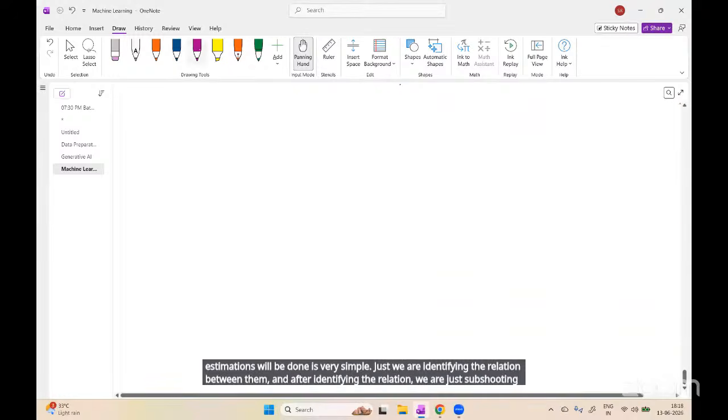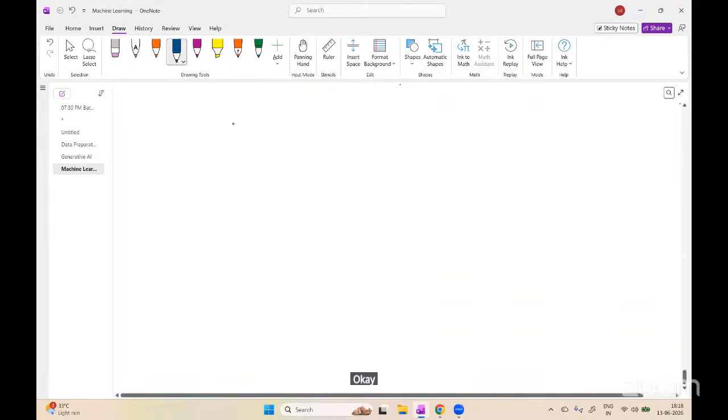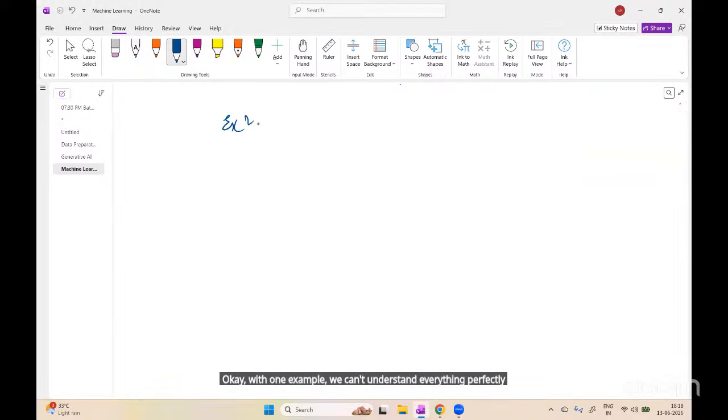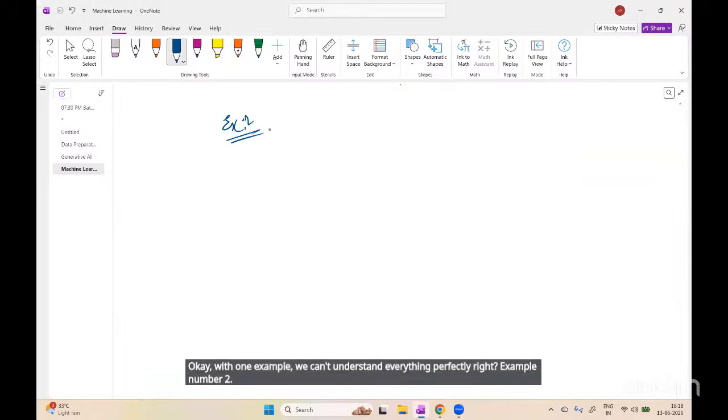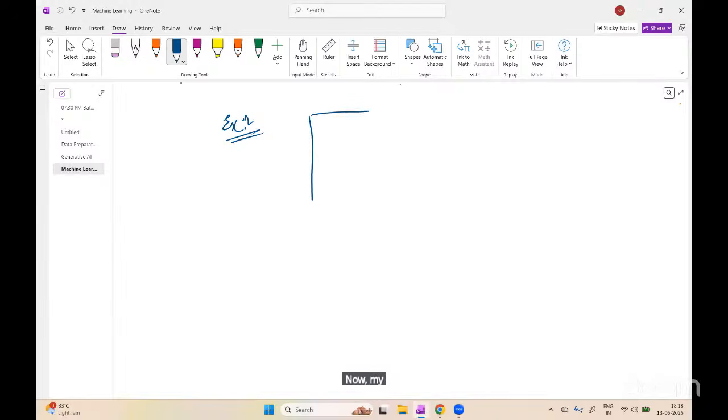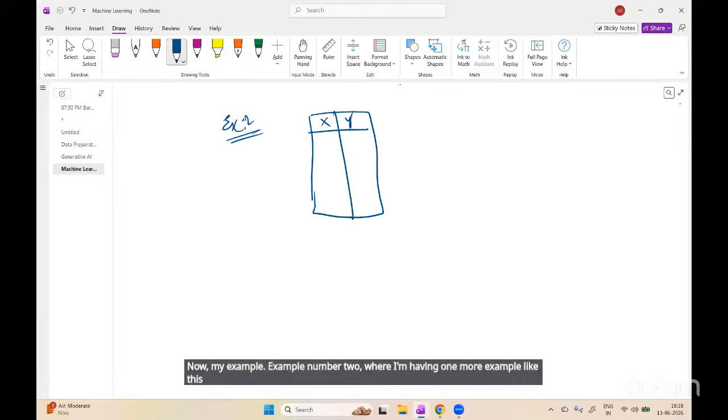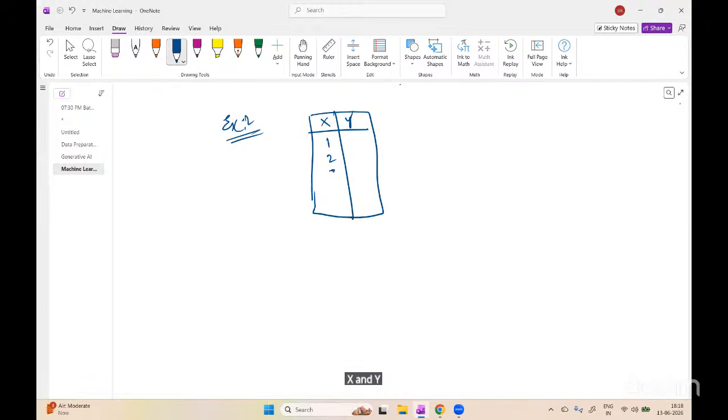Example number 2. With one example, we can't understand everything perfectly, right? Now in example number 2, I have one more example like this. X and Y. X is 1, 2, 3, 4, 5. Y is 1, 4, 9, 16, 25.